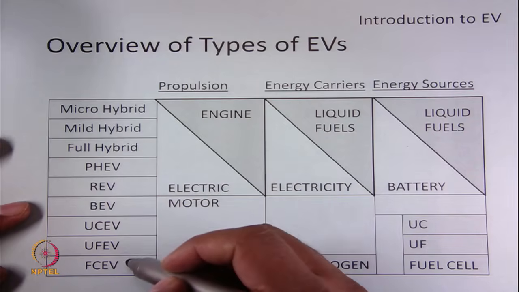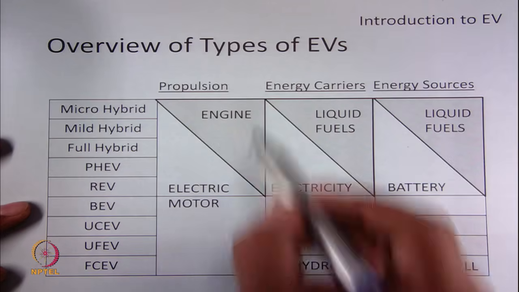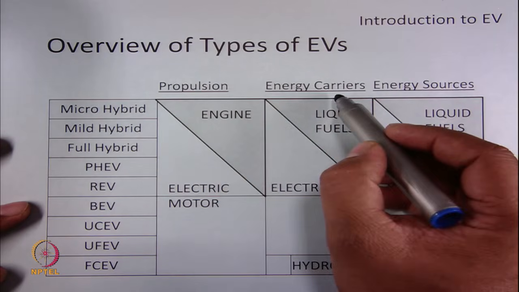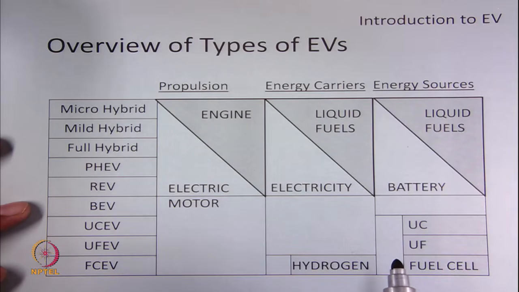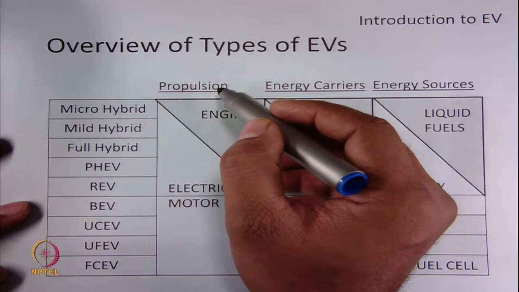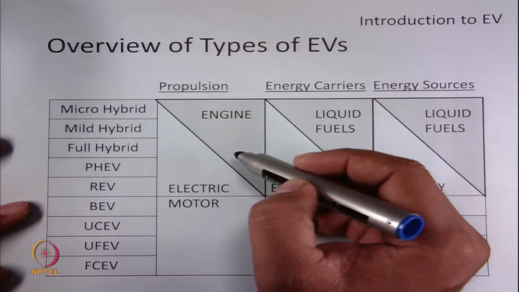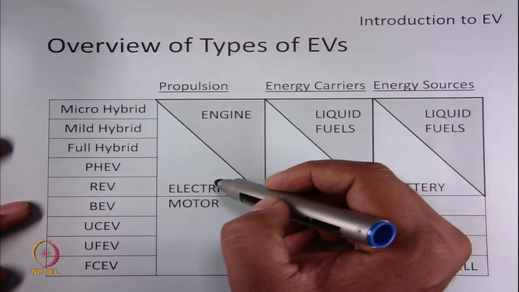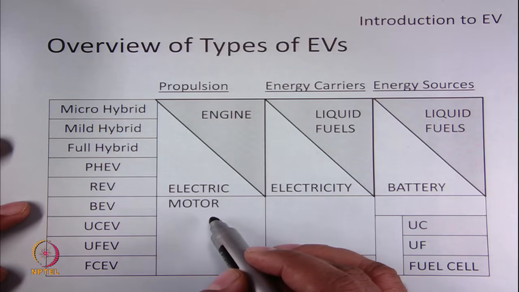So, the classification of all types of electric vehicles in terms of propulsion devices, energy carriers and energy sources is elaborated here. So, in terms of propulsion systems, a hybrid electric vehicle primarily uses an engine and electric motor, while a pure electric vehicle uses solely electric motor for propulsion.